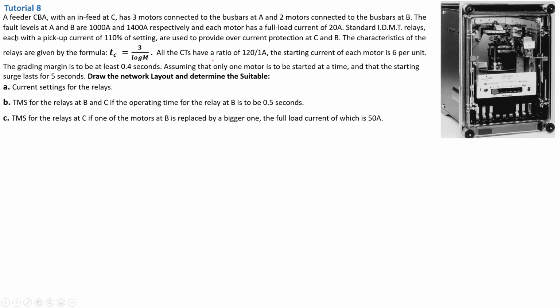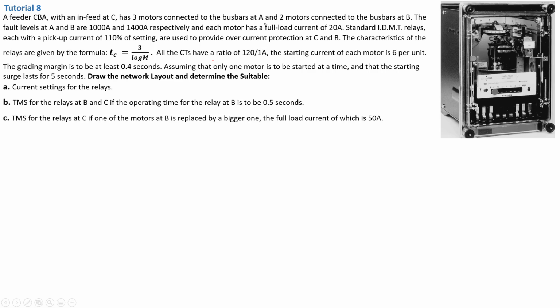So what I was saying is you have to read the problem statement. So this is how the story goes. A feeder CBA with an in-feed at C has 3 motors connected to the bus bars at A. Okay, so now we've got 3 bus bars here. That's CBA.